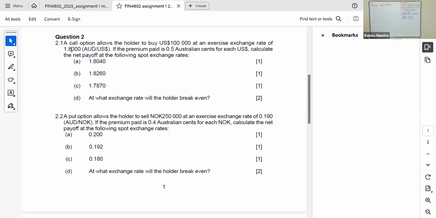So are we going to exercise that option, or are we not? Exercise. We are going to exercise because the spot price is greater than the exercise price, isn't it? So we are going to exercise this option.